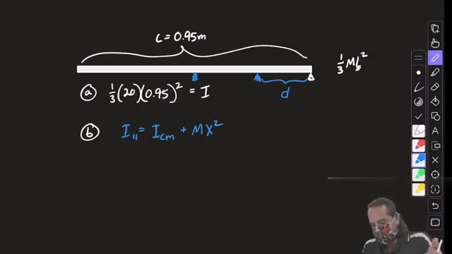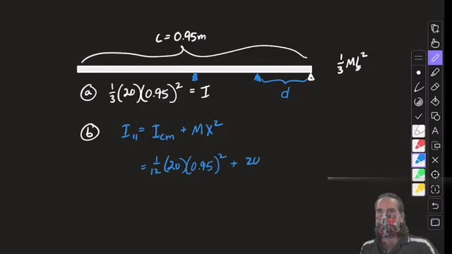So it's not hard to just put the 1/12 M L squared. But for this next part, you have to put this in terms of D, and we have D measured from the wrong place. So this is going to be what, half of the door minus D?